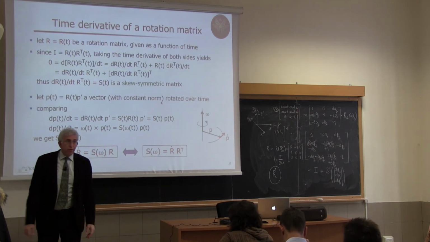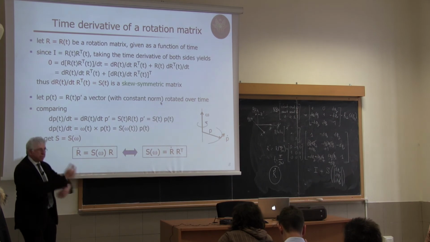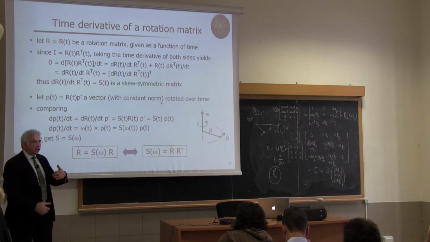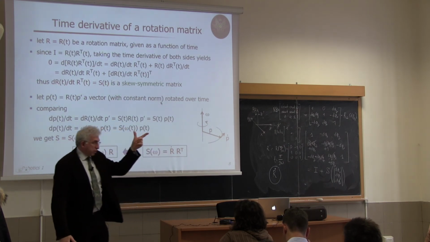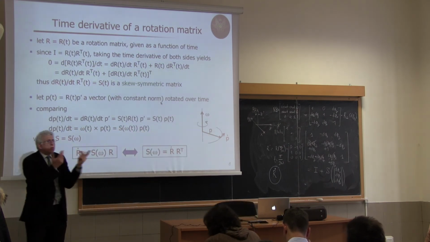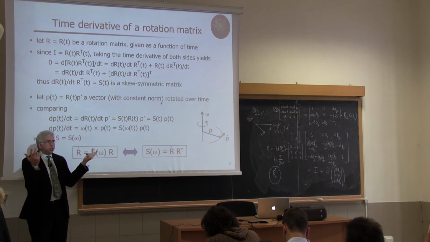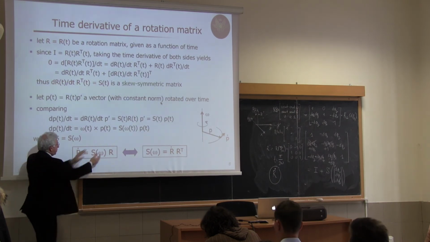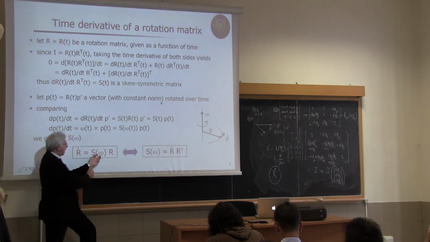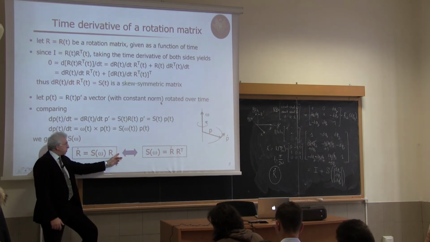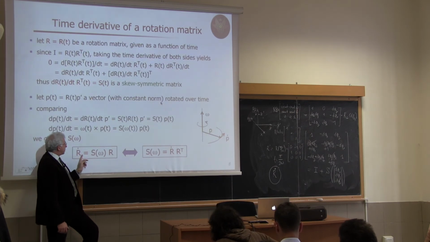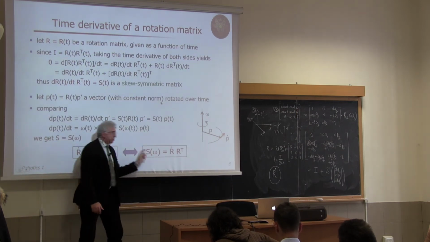Or the reverse: if I give you the time history of the rotation, so R dot, and I want to say what was the angular velocity of this change of orientation, then I reorganize things. So I isolate S of omega. I post multiply by R transpose, and I have R dot R transpose is S of omega.